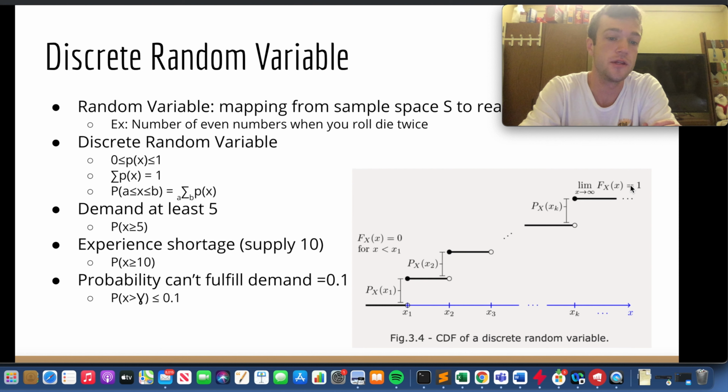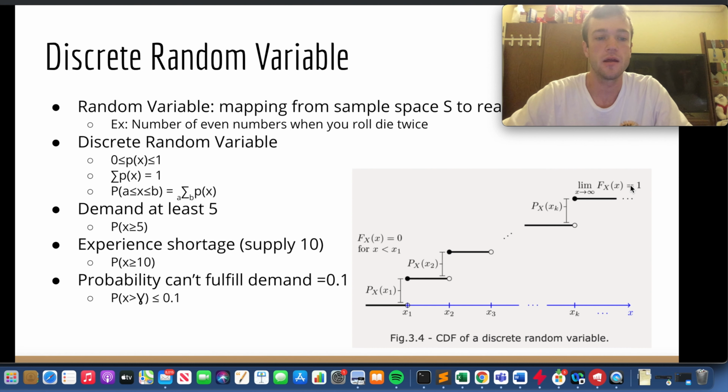The next probability that we faced throughout the beginning of this course and the beginning of the homeworks is the probability that we can't fulfill demand. We want that to be less than 10%.